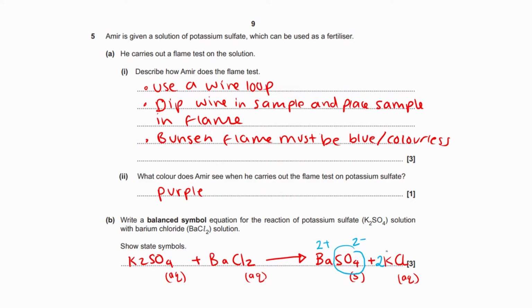Potassium has a +1 charge, chlorine is in group 7, it has -1 charge. Therefore you only need 1 of each atom in the formula to have a balanced charge. That's why we have KCl instead of KCl2 like here. Looking at this one, barium again is in group 2, it's got 2+ charge. Chlorine is in group 7, it's got -1 charge, but because we've got 2 of those, you have -2. So that's why you have 2 Cl. It's to do with the charges and balancing those charges.